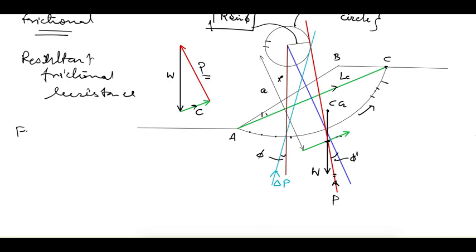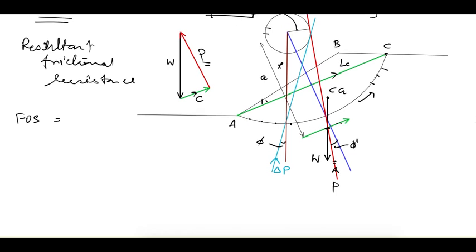So what is this factor of safety? We want to find out the factor of safety. This factor of safety can be written as total shear resistance divided by mobilized shear resistance. So if we divide the total shear resistance by the mobilized shear resistance, that will give us the factor of safety.